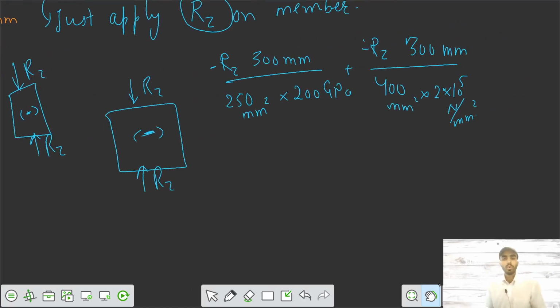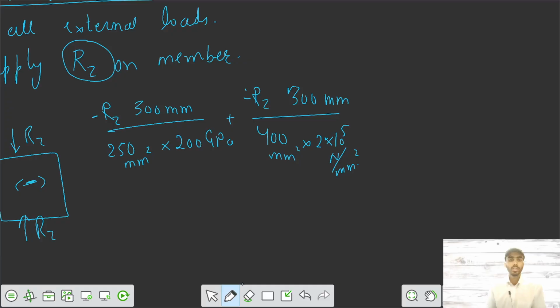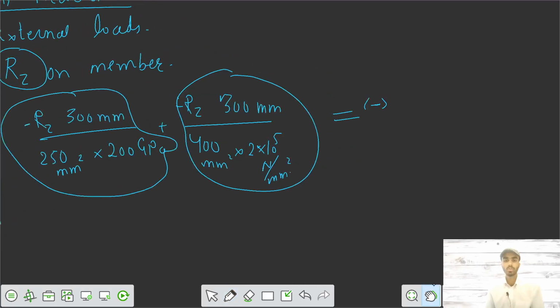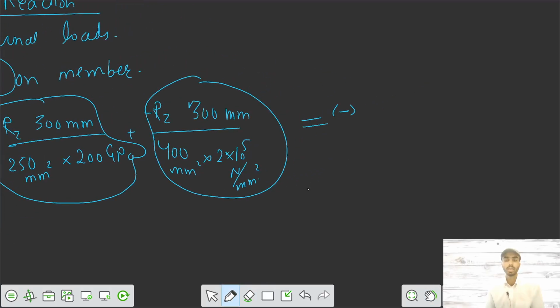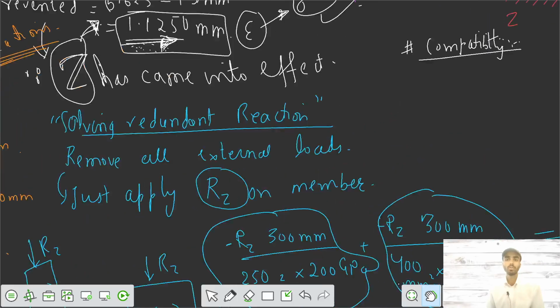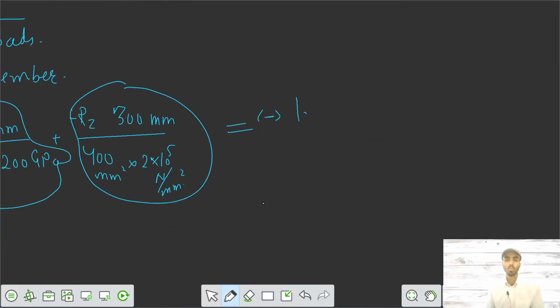Then we know that these deflections are equal to the deflection prevented, that is equal to 1.1250 mm.